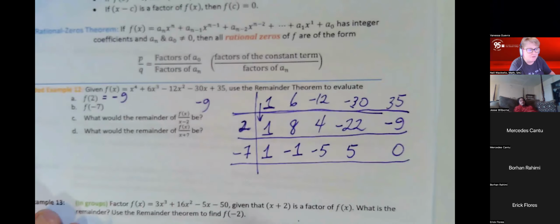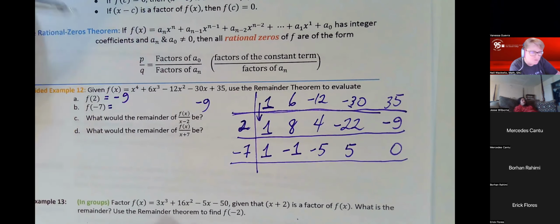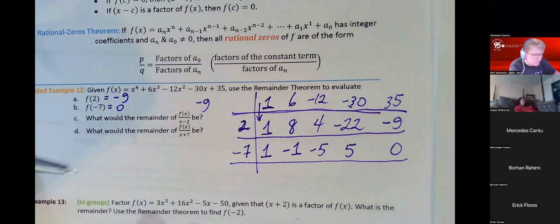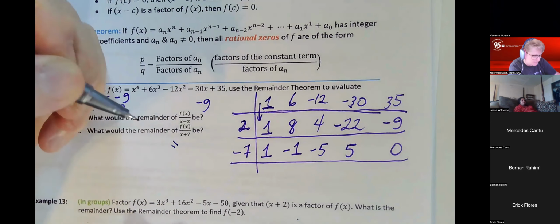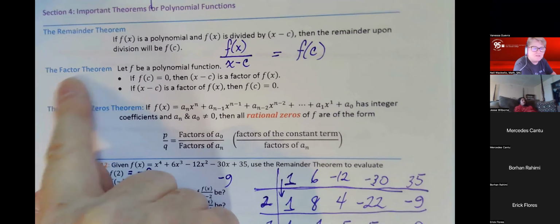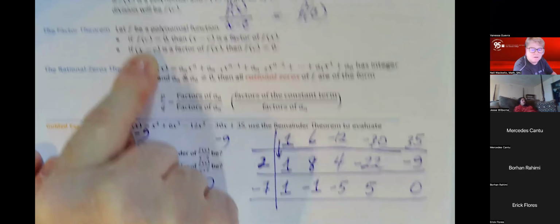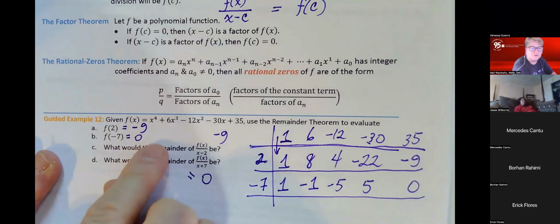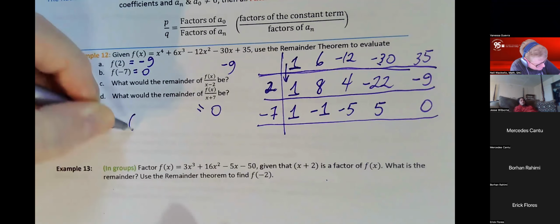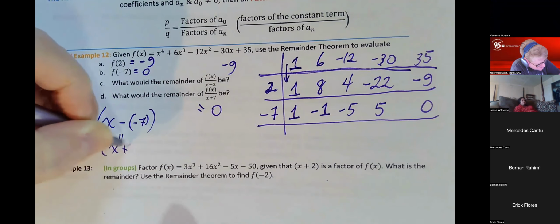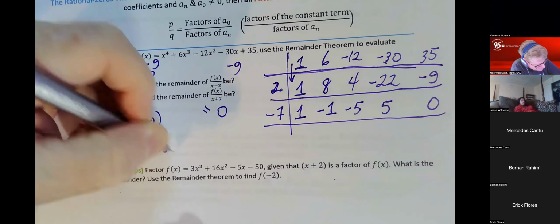So the remainder theorem says f of negative 7 equals 0, and that f of x divided by x plus 7 has a remainder of 0. And the factor theorem says that x minus negative 7, so x plus 7, is a factor of our original polynomial.